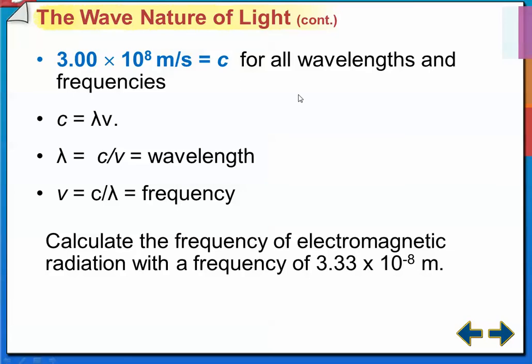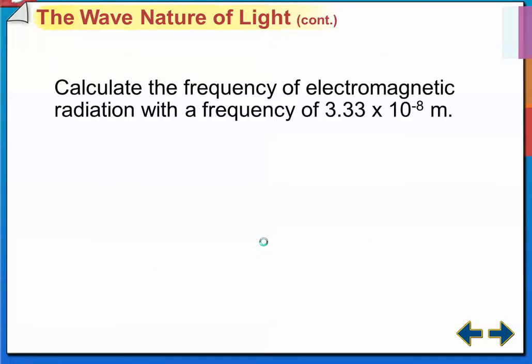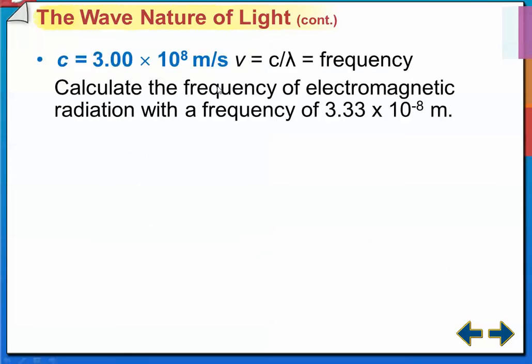Since we know that light travels at this constant speed, it never changes, that only leaves us with two variables in this formula, the wavelength and the frequency. The speed of light is always the same. So you get problems like this. Calculate the frequency of some electromagnetic radiation. That should have been with a wavelength.